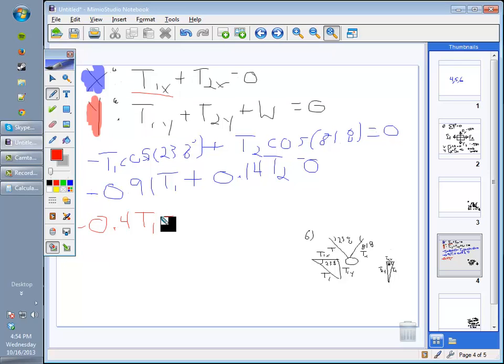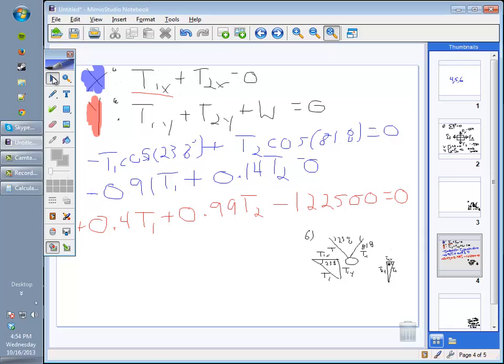Minus my T2y, which is going to be sine of 81.8 degrees, which is 0.99 T2. Minus, because it's down, actually I'm sorry, these are both up. I don't know what I'm doing there. Those are both up, so I leave those positive. Plus gravity, which this thing has a mass of 2,250, so that means gravity is 22,500. And that's all going to equal 0.